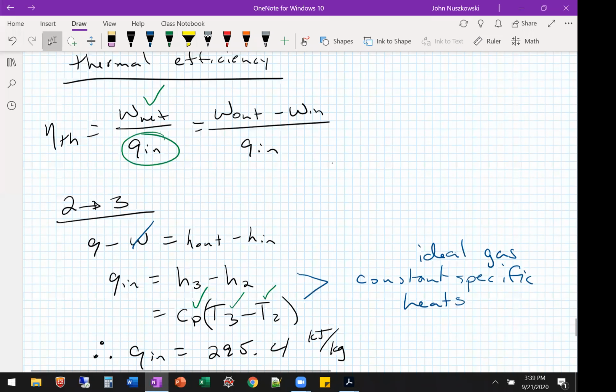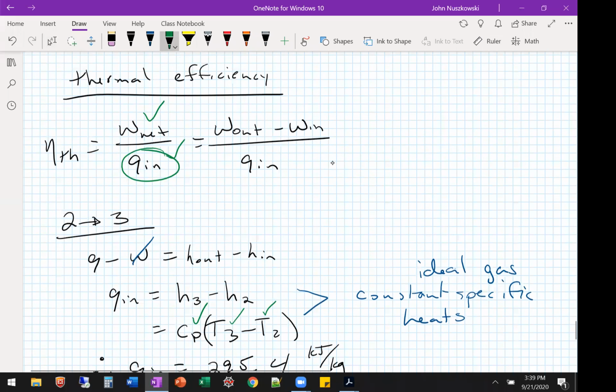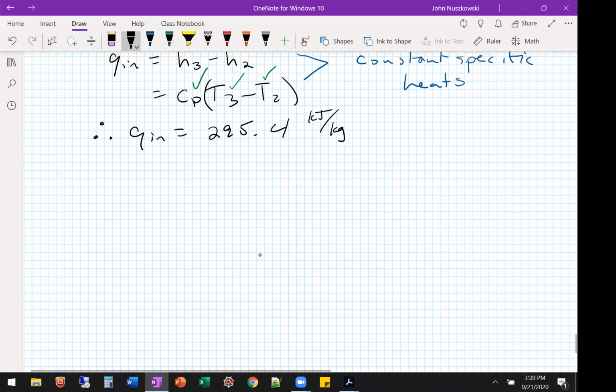So we have work net and we have our heat in, so we can solve for thermal efficiency. We get 0.375, or sorry, 0.379, or 37.9%.